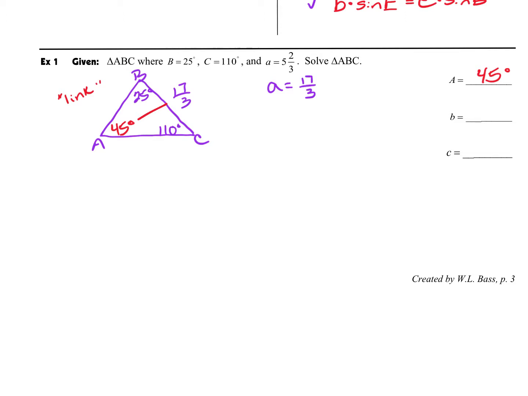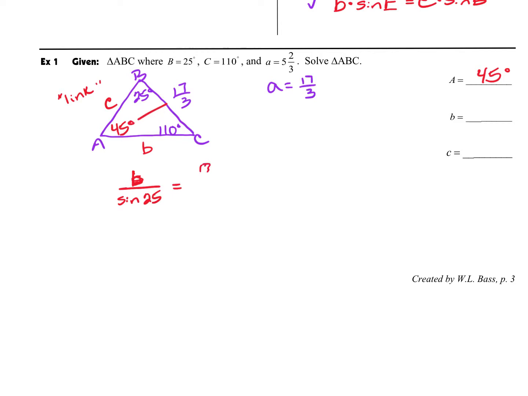I'm also going to go ahead and label this as side C, and I'm going to label this as side B. So of course I know that B divided by the sine of angle B, which is 25, is going to equal 17/3 divided by the sine of 45.